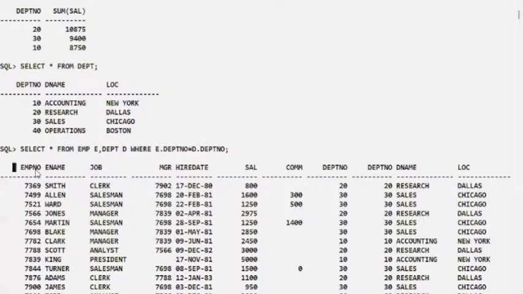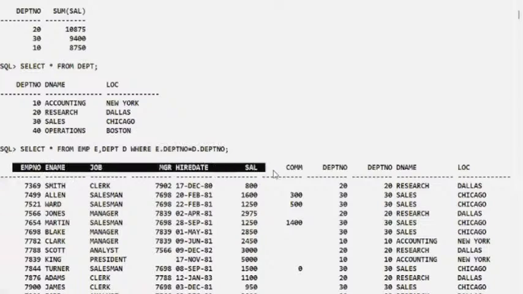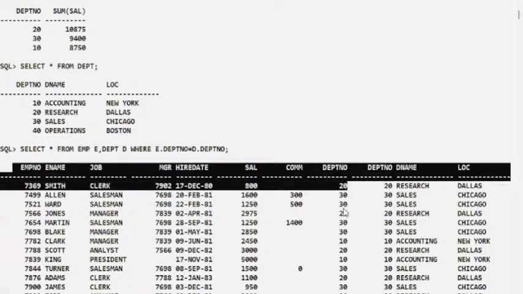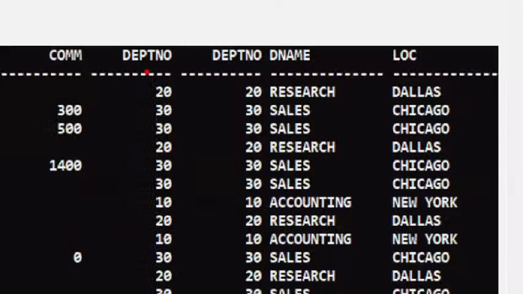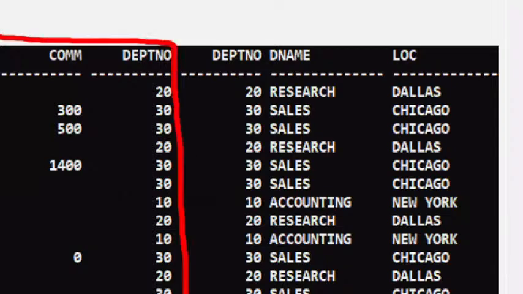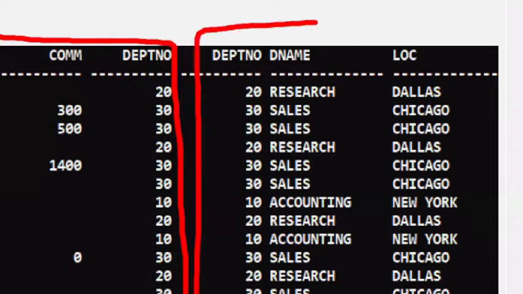Now we can see employee number, name, job, manager, hire date, salary, commission, department number. Up to here it is called the EMP table. Then after that, the department table also is there. Yes or no? Up to here, this is my EMP table, and to this EMP table the department table is also joined.